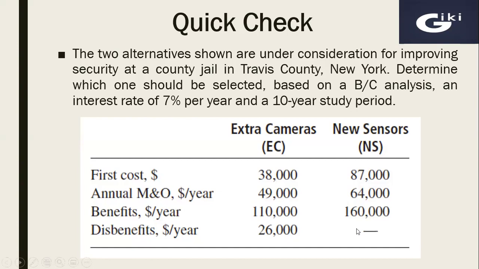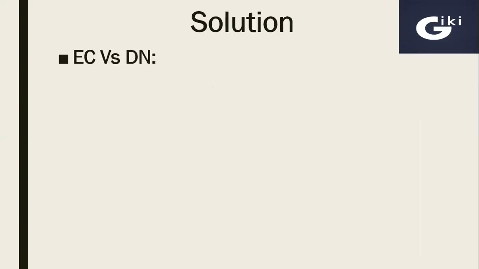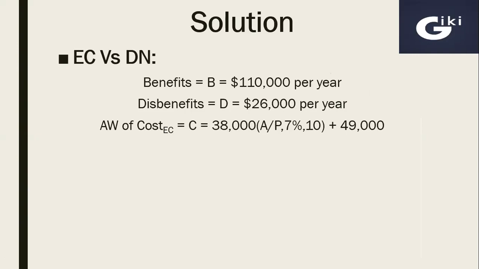We can calculate it from here. So incremental benefits will be $50,000 and incremental disbenefits will be 0 minus $26,000. So it will be minus $26,000 incremental disbenefits as given here.